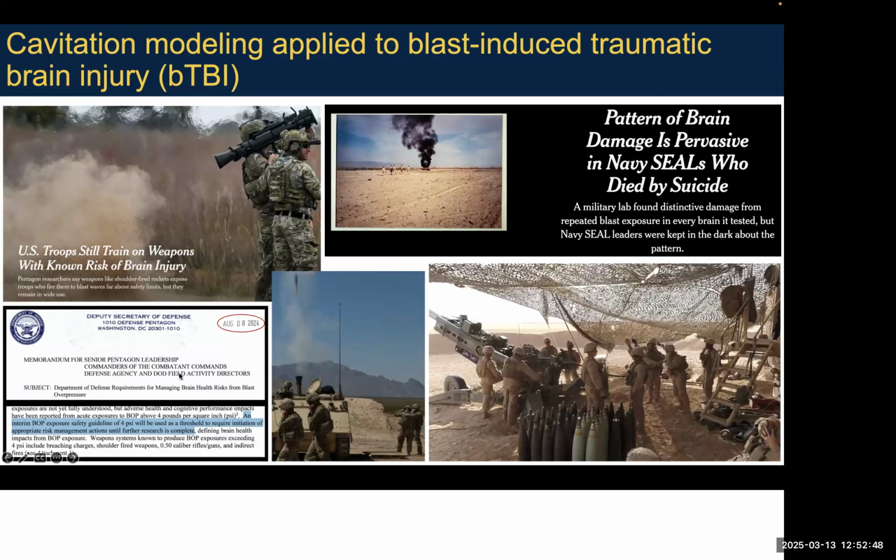It wasn't until this summer that the Deputy Secretary of Defense wrote a memo, and it's a bit hard for you to see here, that states that while we're still studying this problem, a safety guideline of 4 psi in blast overpressure is being proposed as a safety metric. And I'll ask you, where does this 4 psi come from? I don't know if anyone has any idea of where that number came from.